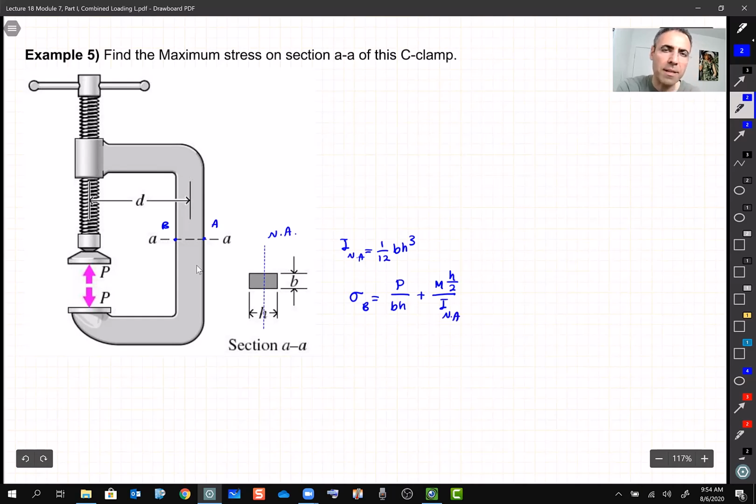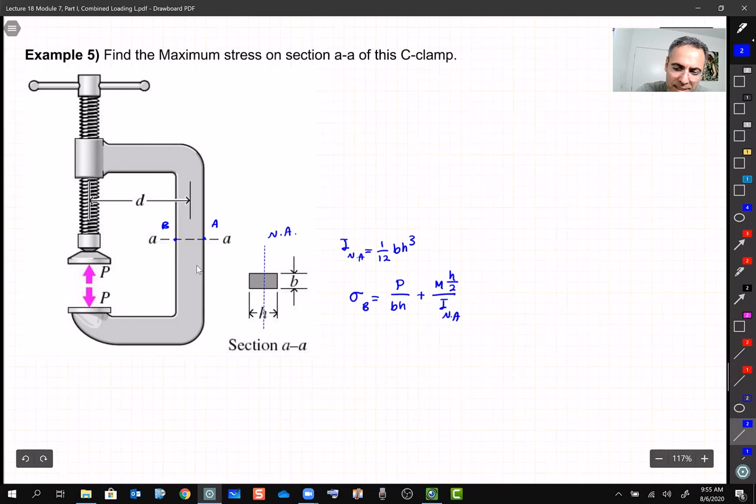I gave this example last year in the final exam, and many students again made the mistake of confusing the direction, because usually when we see a cross section, we have a tendency to think of the neutral axis as being this horizontal one, right?